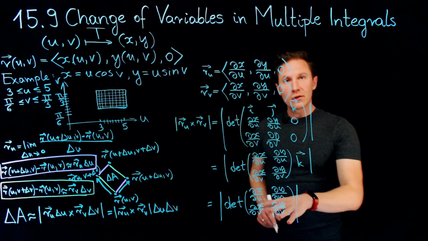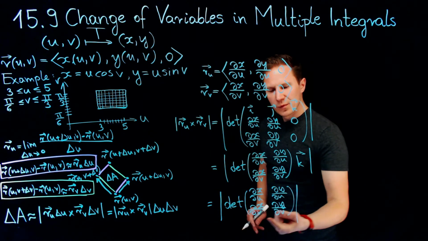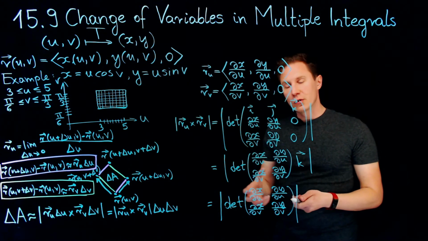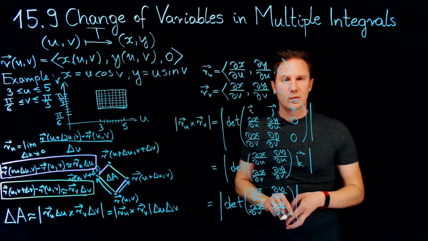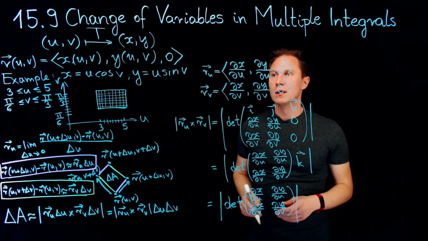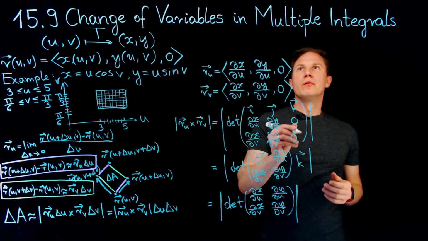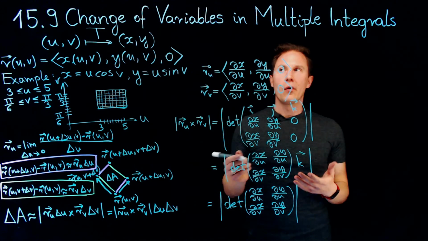So this means that this absolute value of a determinant is what is correcting for that transformation from the uv to the xy plane and vice versa. So our integral formula for the double integral will take the following form.